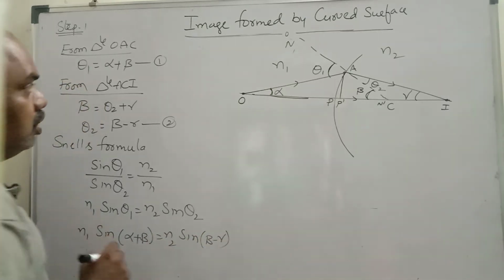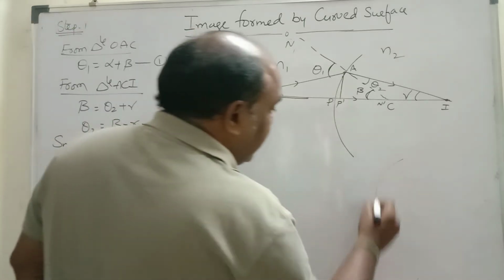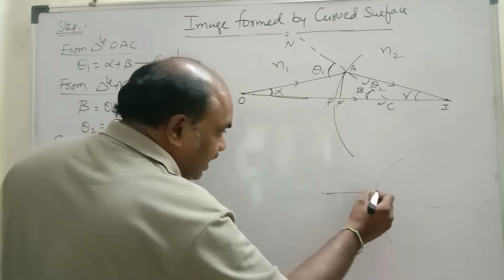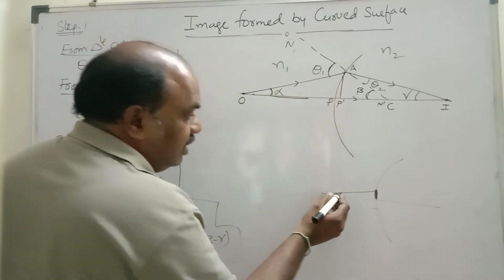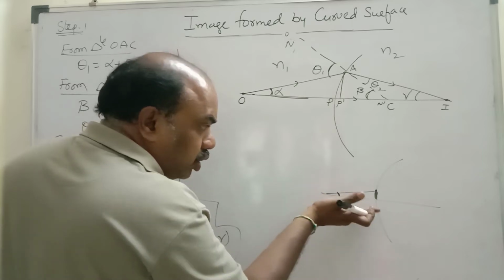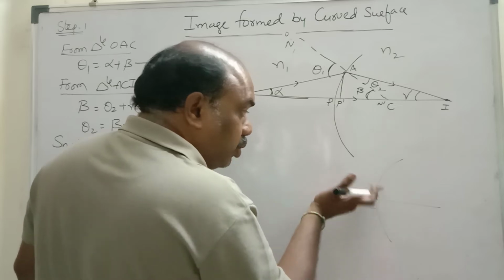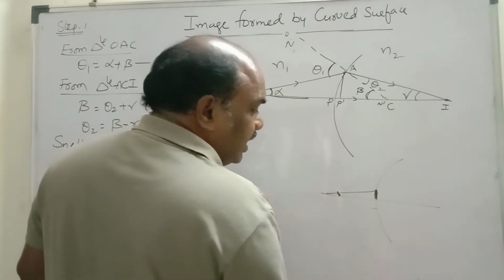But I told you in the start only, these are all paraxial lines. Paraxial line means the line is very close to the principal axis. That means this distance is negligible. P and P dash coincide. This alpha is almost close to the principal axis. So sin 90 value is 1 up to 90 degrees. If it is perpendicular, then it is equal to 1. This angle is almost negligible, no?